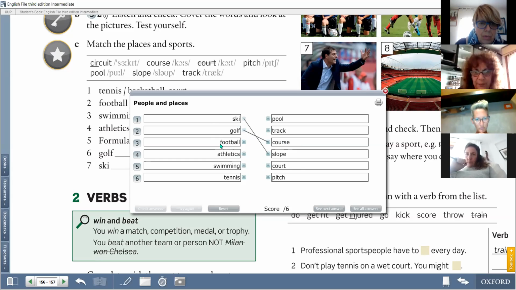Football pitch. Swimming pool. Athletics track. Swimming pool. And tennis court, right. So you can see it.